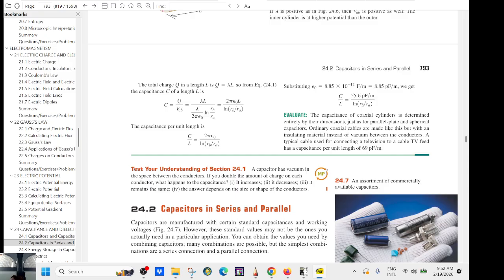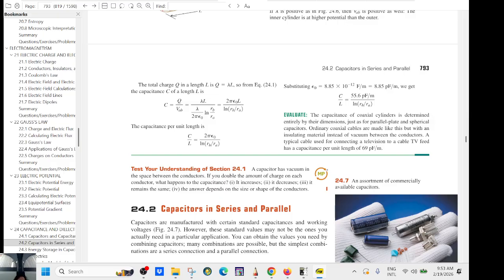It's a coaxial cable. There are a lot of applications in engineering, because all those charges that build up on your cable will slow down the signal, especially if it's a high frequency signal. So for a cable, we can find the capacitance per unit length, and that's what you're going to get.